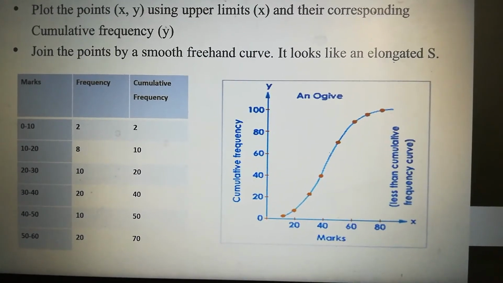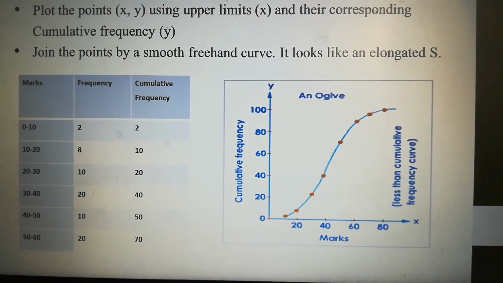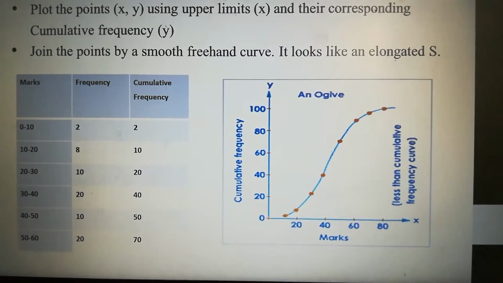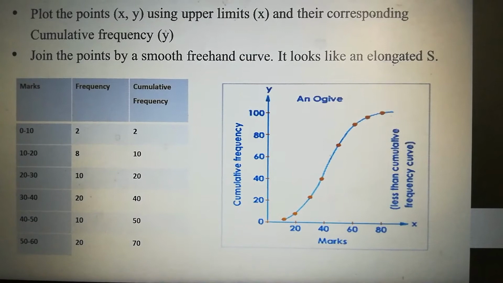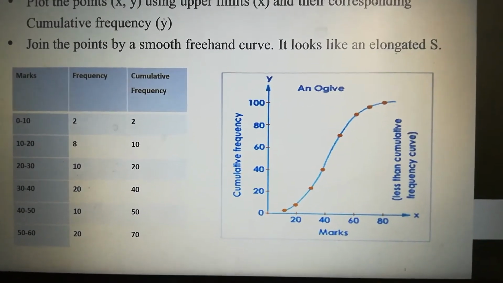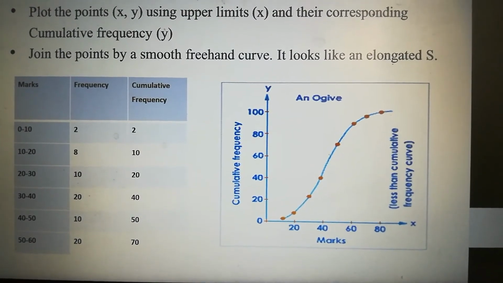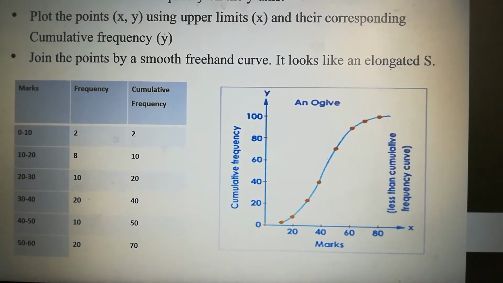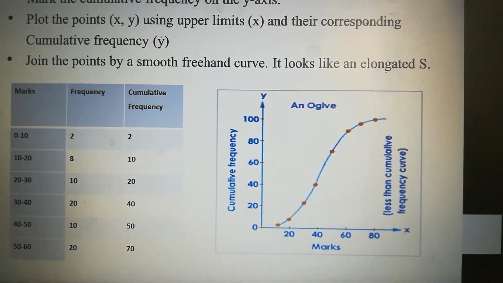For example, 30 to 40. The cumulative frequency is 40. And we know that the class interval upper limit is 30 to 40, so 40 is the one there, we will represent 40. So from this we are interpreting how many people got less than 40 max. 40 people got the mark less than 40.